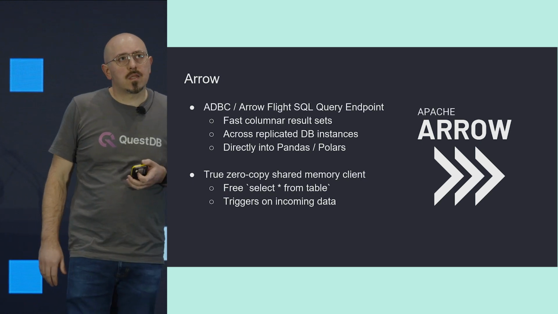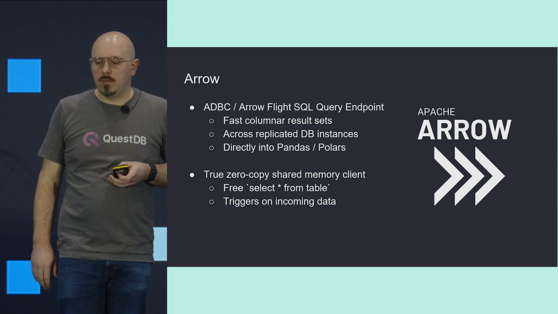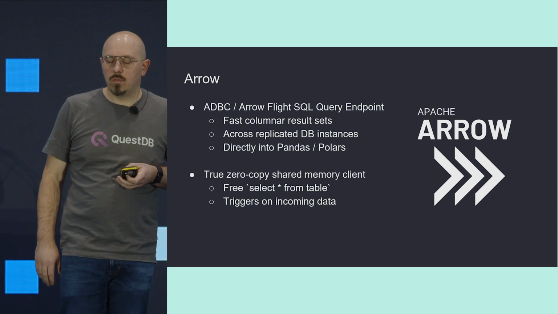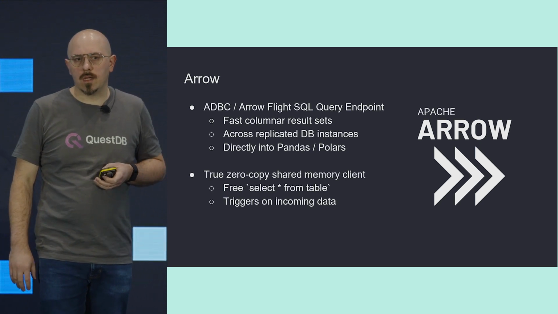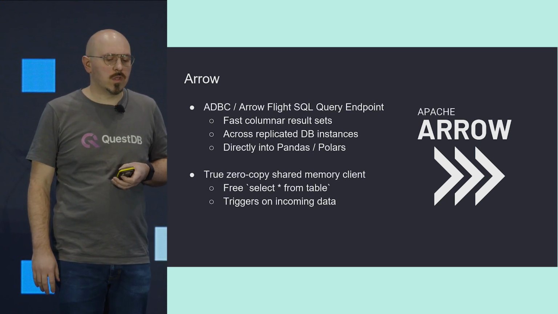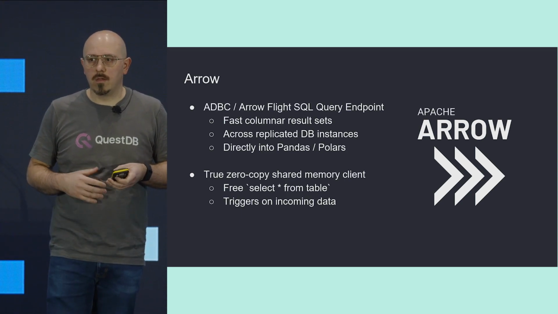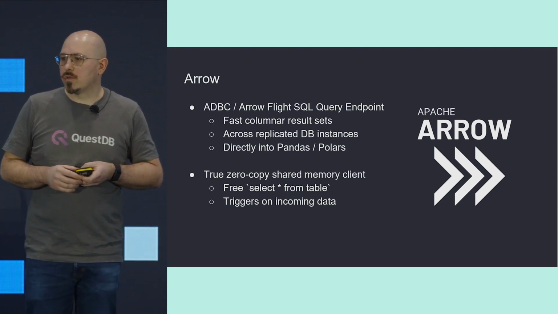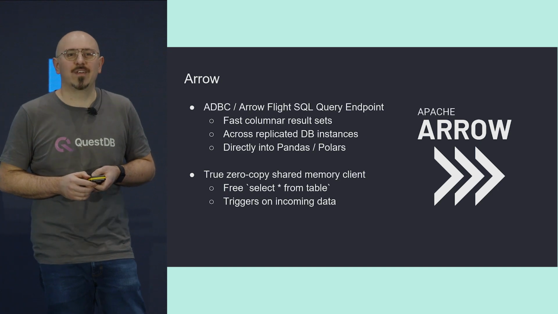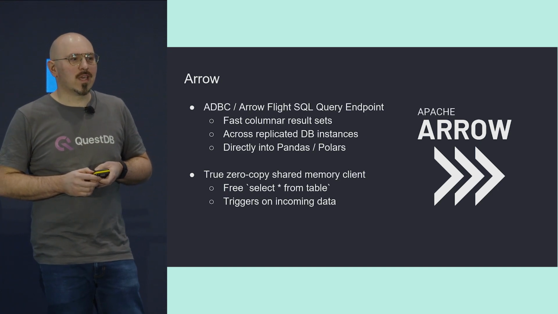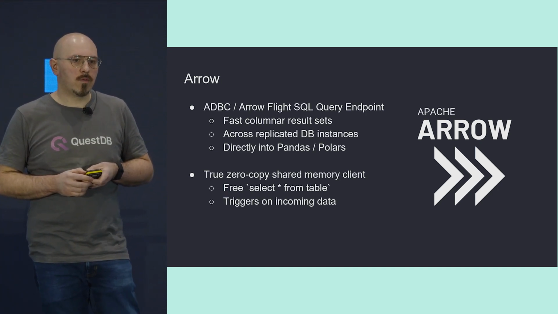And then the other thing that I think is really interesting and useful is the convergence of us and, as far as I can tell, pretty much all of the database vendors out there, looking at integrating data through Arrow.